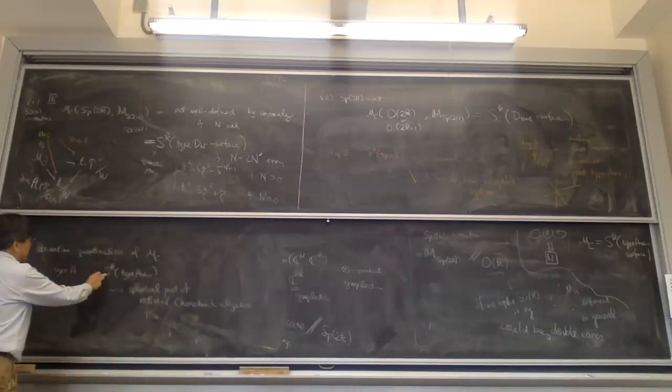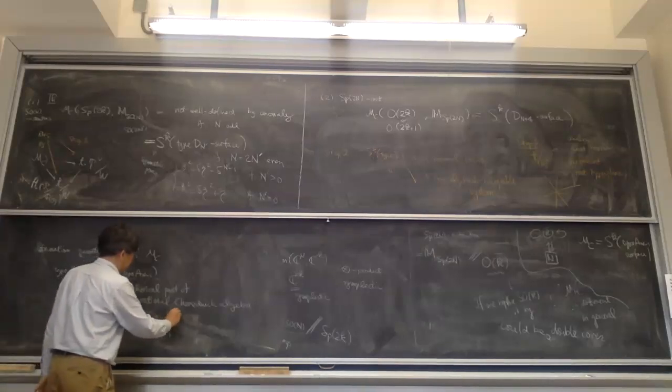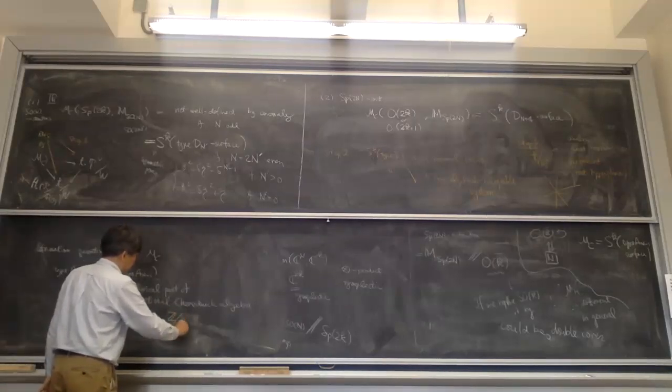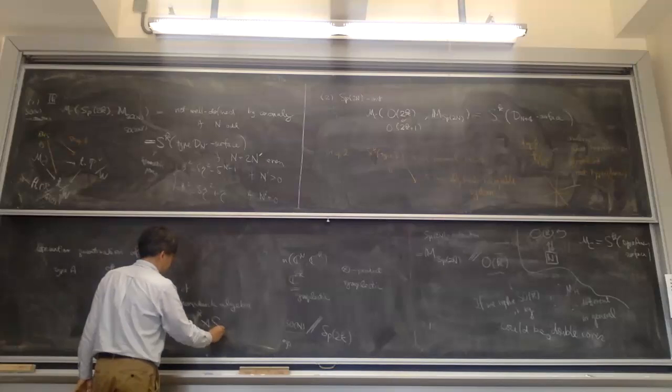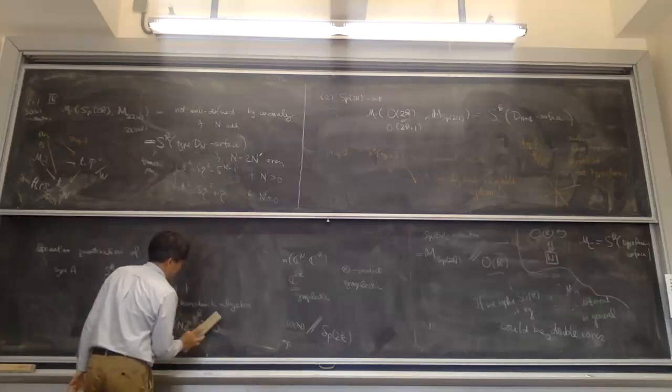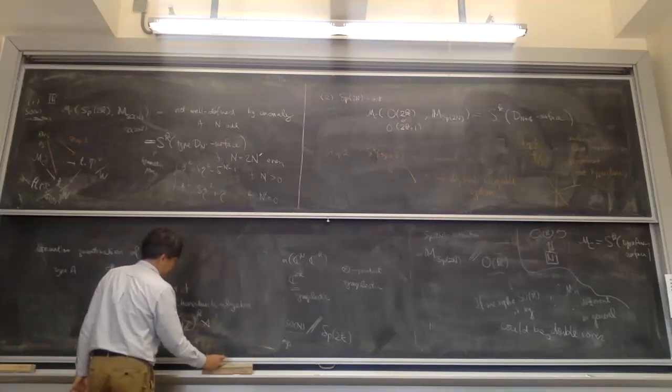So you consider the corresponding group G of N, take K copies and take Sk. This is the symmetric group.